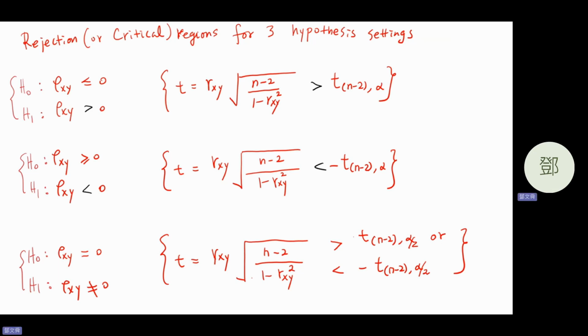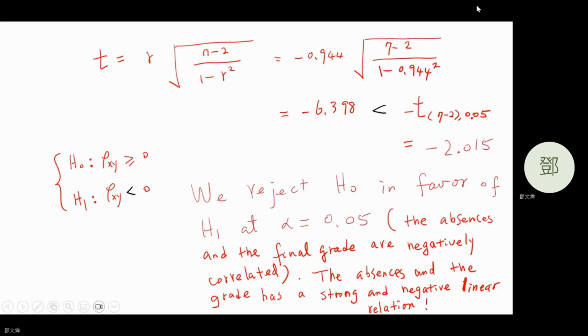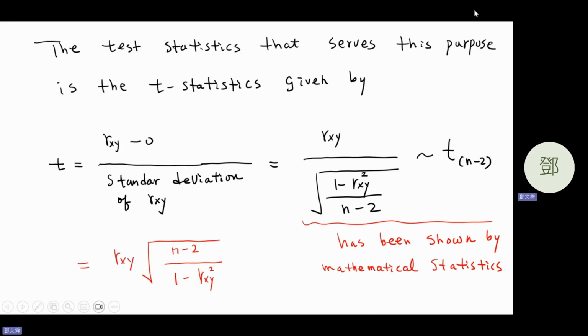This is my formula, and you can also put this term in the denominator, but you have to switch the two terms. Either use this one or this one.